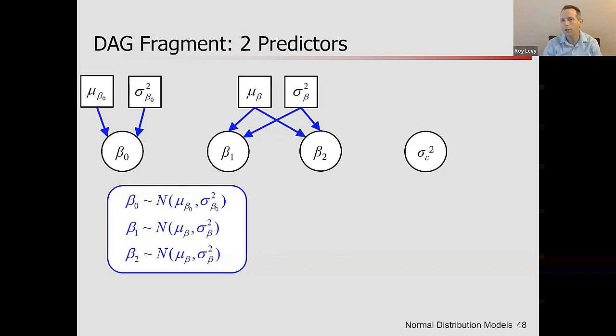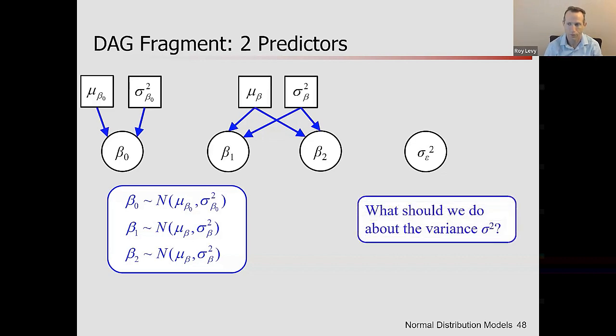Pretty common in linear regression to use normal priors for intercepts and normal priors for slopes. For variance terms, like the error variance in regression, well, that's where we see more alternatives that people might employ.